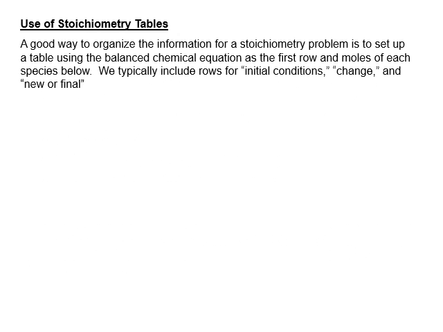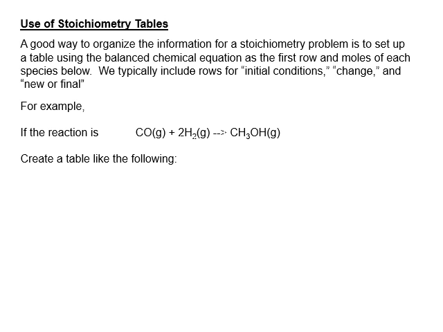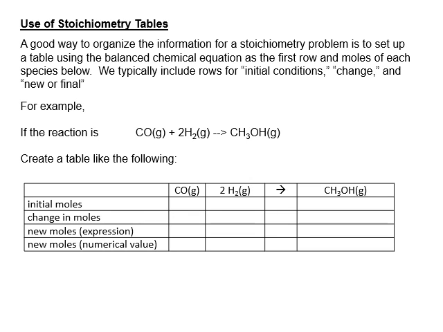A good way to organize the information for a stoichiometry problem is to set up a table using the balanced chemical equation as the first row and moles of each species below that. We typically include rows for initial conditions, change, and new or final. For example, if the reaction that we're considering is the reaction between carbon monoxide gas and hydrogen gas to form methanol, we would create a table like the following.